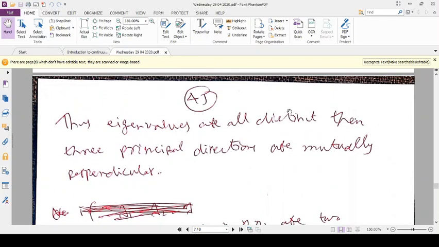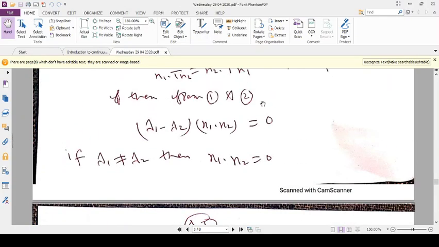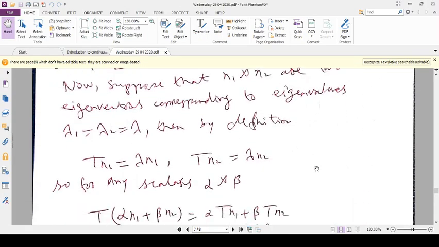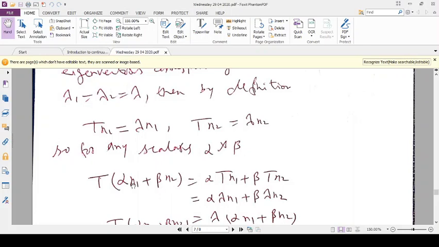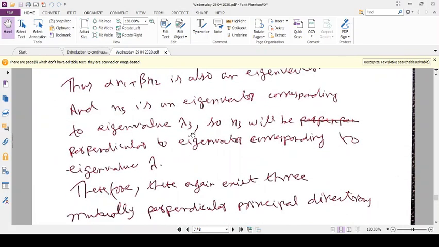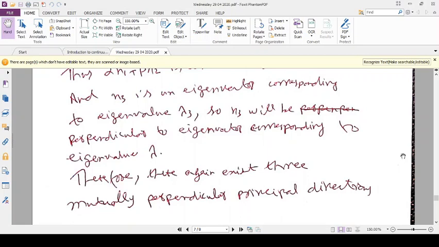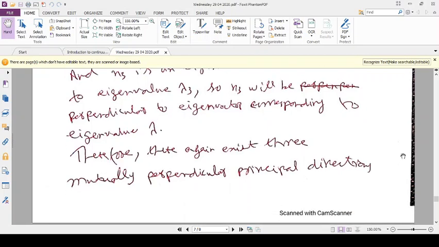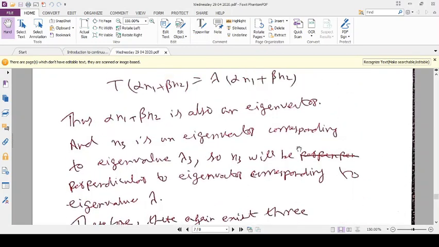Why? Because using the case when eigenvalues are different: here the eigenvalue is lambda and the eigenvector is this, and here the eigenvalue is lambda 3, different from lambda, and the eigenvector is n3. So n3 must be perpendicular to this one with eigenvalue lambda 3. So it means that again we have at least 3 mutually perpendicular principal directions. This you have seen in your example in which two values are repeated.